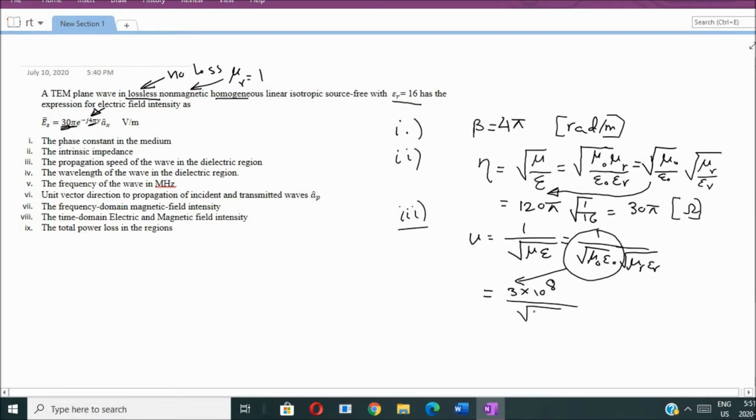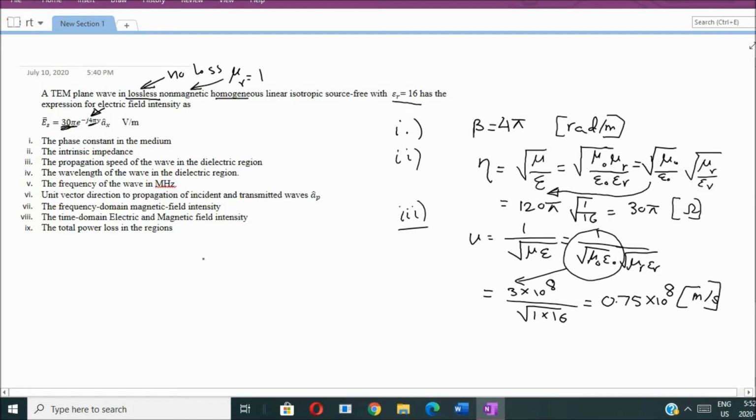Here we have 1 times 16 under the root, so that will be 3 over 4, which is 0.75 times 10 to the power 8 meters per second. That's the speed of propagation.